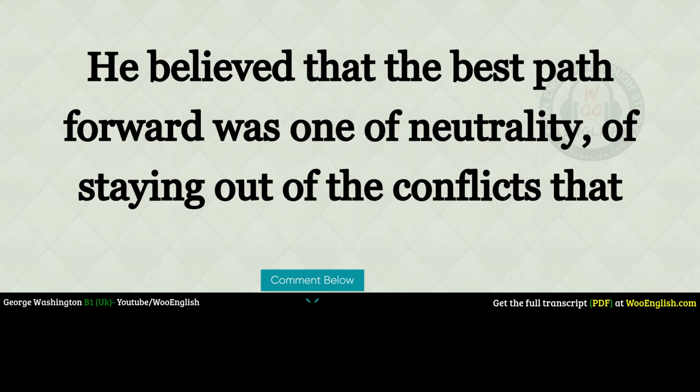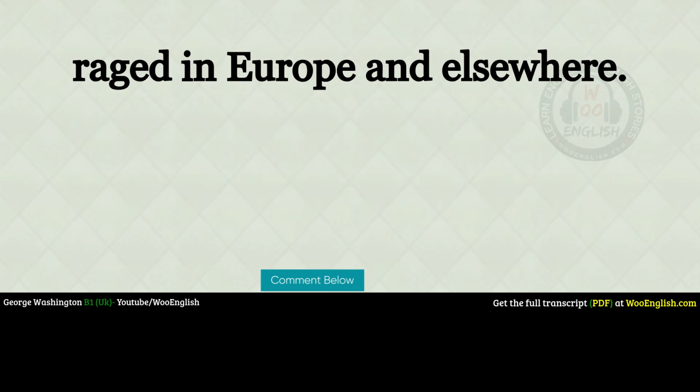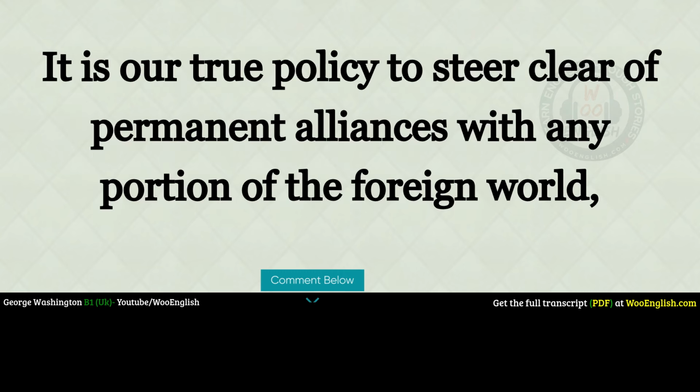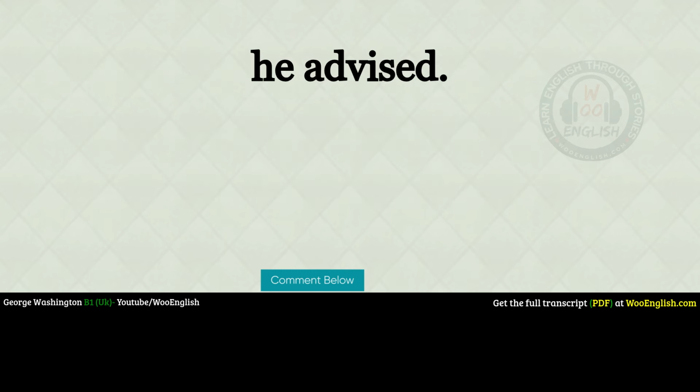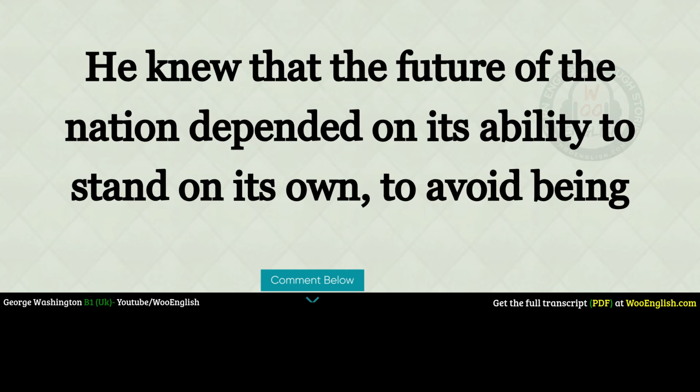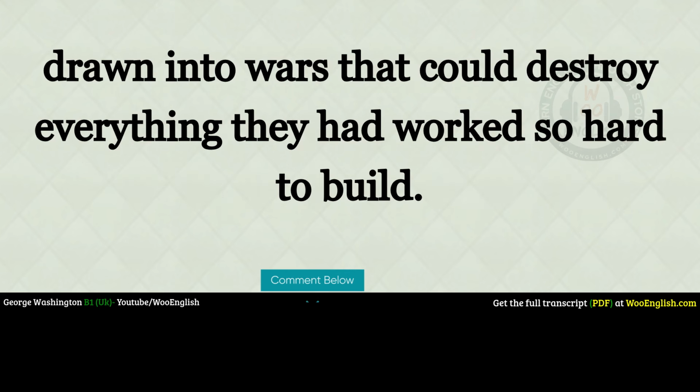He believed that the best path forward was one of neutrality, of staying out of the conflicts that raged in Europe and elsewhere. "It is our true policy to steer clear of permanent alliances with any portion of the foreign world," he advised. He knew that the future of the nation depended on its ability to stand on its own, to avoid being drawn into wars that could destroy everything they had worked so hard to build.